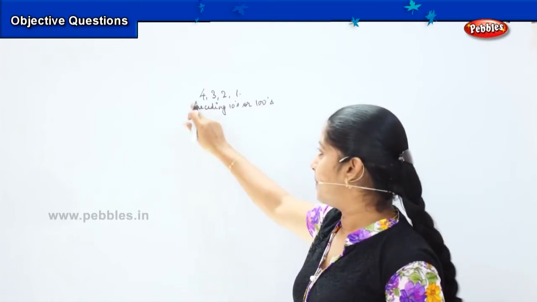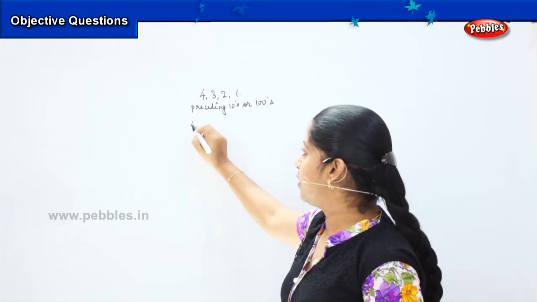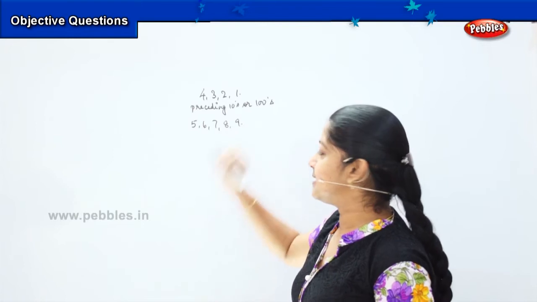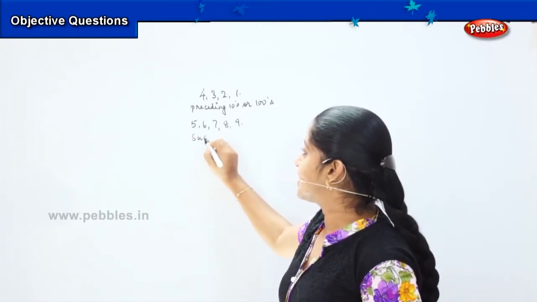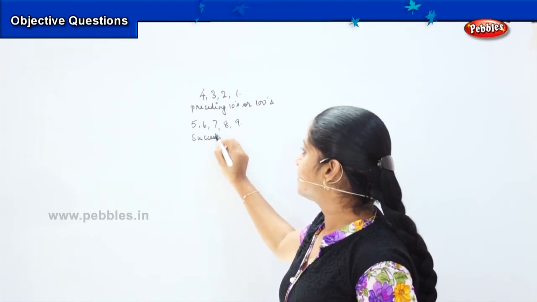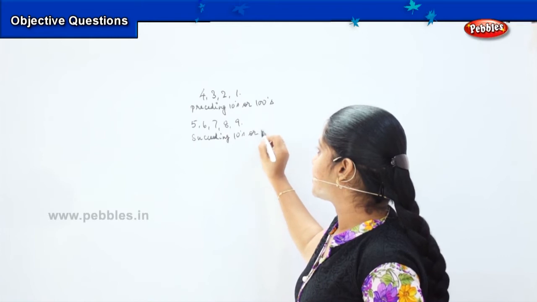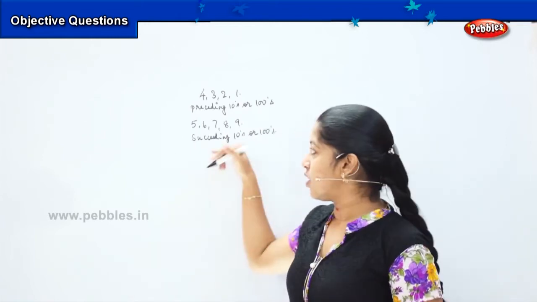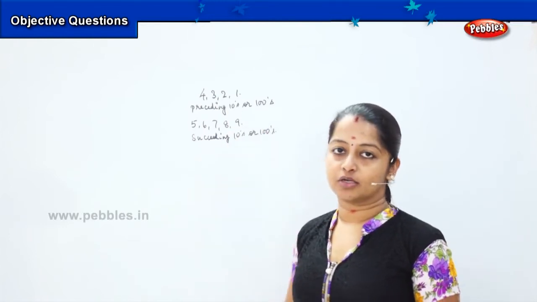But whenever your number ends with 5, 6, 7, 8 and 9, we will be rounding off to the succeeding tens or hundreds. Okay, so based on this hint, we are going to solve our next few pattern of sums.